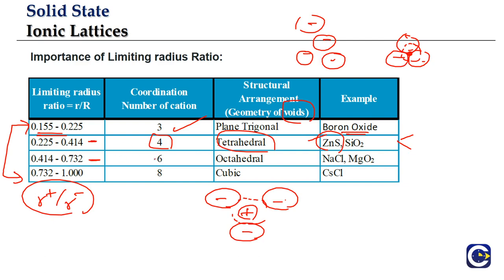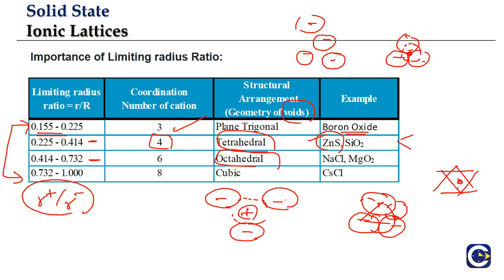If you have the radius ratio between 0.414 to 0.732, then the cations will be taking the octahedral voids. So octahedral voids also we discussed. If we have a triangular combination of anions like the upright triangle, and we have another inverted triangle, it's like this, we have one upright triangle and one inverted triangle.